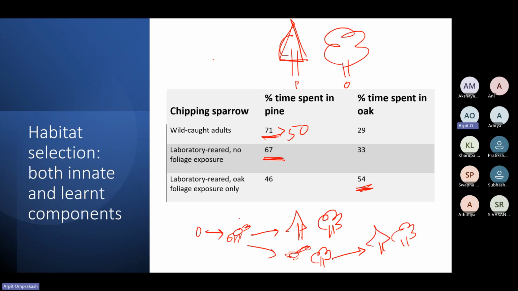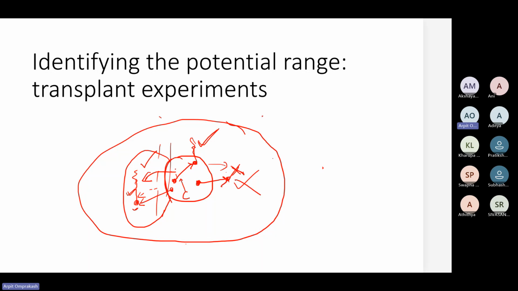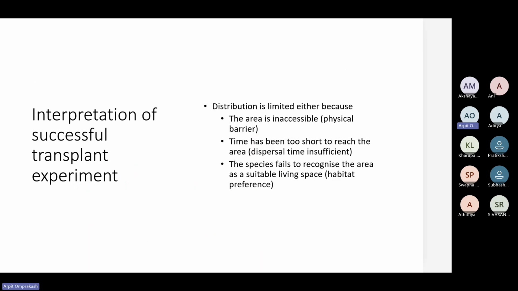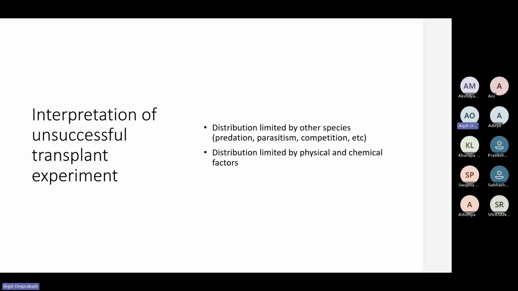We talked that habitat selection has both innate and learned components, and we learned about transplant experiments, how we can identify the potential range, and how we can determine if the species is not present either because it is inaccessible, or there's not sufficient dispersal time, or if there's a habitat preference, or if the species is not present because of other biotic and abiotic factors such as predation, parasitism, competition, etc., and chemical factors also.